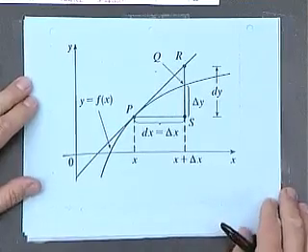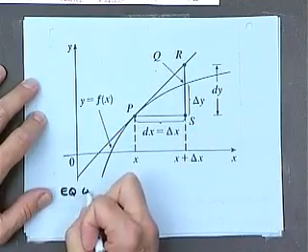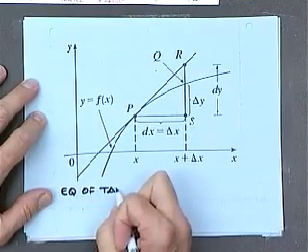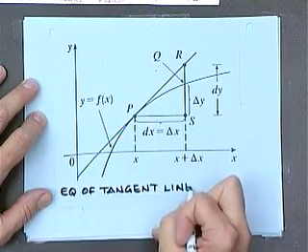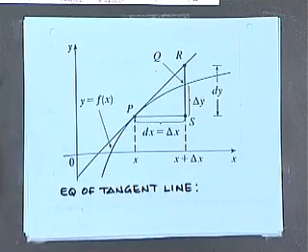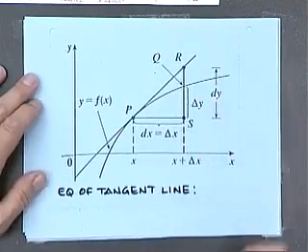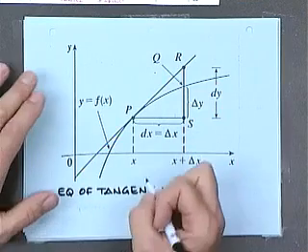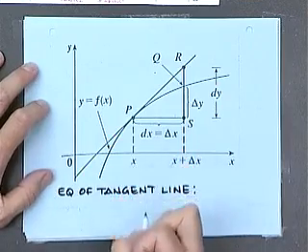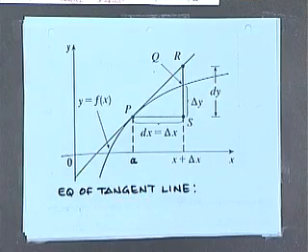All right, same diagram. So let's find the equation of the tangent line. I'm going to call this A to make it kind of go along with the notation that's in the book a little better.